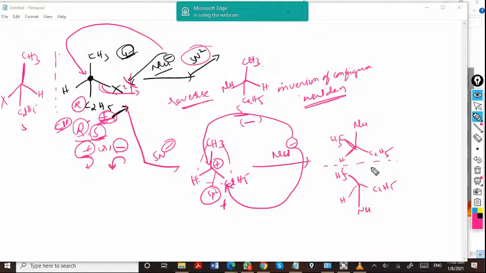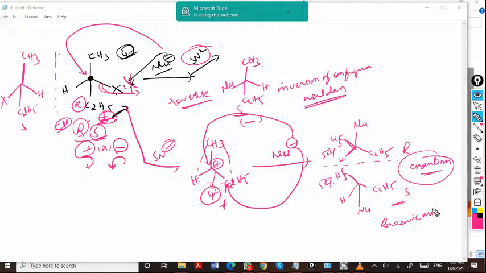These two are mirror images; if I place one above the other, they reflect each other, resulting in R and S isomers. So it is going to give enantiomers. Two enantiomers, each 50%, are going to form. This combination of two enantiomers, each 50%, is called a racemic mixture.